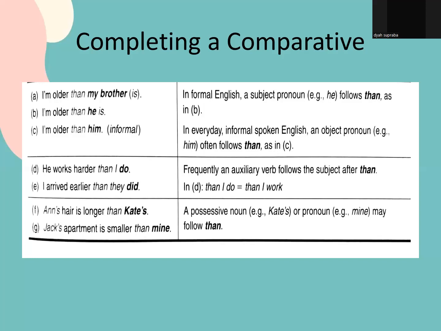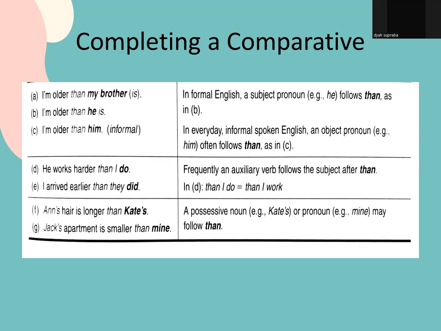I'm older than he is. And then frequently an auxiliary verb follows the subject after than. He works harder than I do. That is for present tense. For past tense, I arrived earlier than they did.